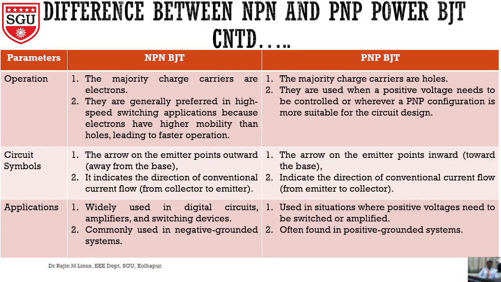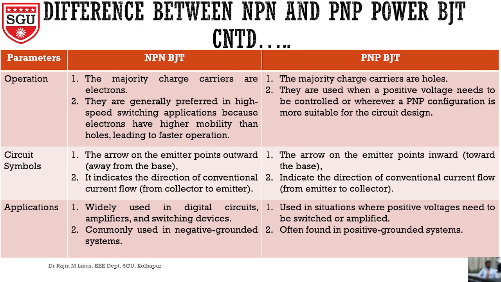Next, operation. In the NPN transistor, the majority charge carriers are electrons, since NPN is highly doped with electrons. At the same time, in the PNP transistor, the majority charge carriers are holes. The NPN transistor is generally preferred for high speed switching applications. Why?